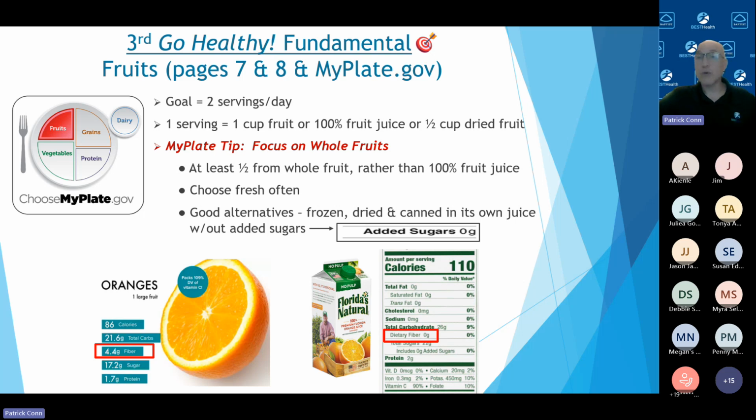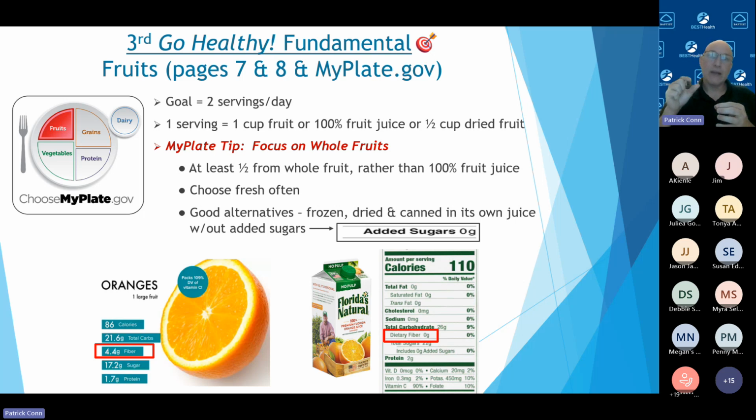Okay. So the goal of fruits in general is 2 servings a day. 1 serving of a fruit equals 1 cup of fruit or 100% fruit juice, or half a cup of dried fruit. Also, the MyPlate tip, like we were talking about earlier, is really important to allow you to make healthy choices.